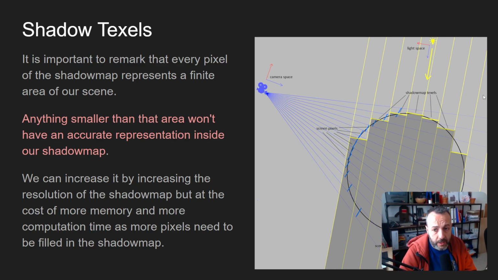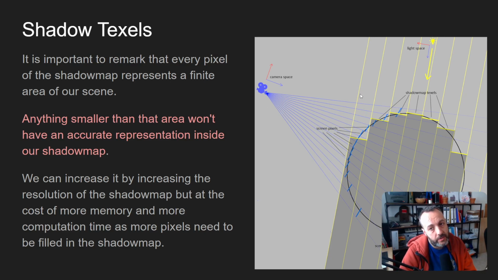And that has an effect because every texel, you can see this yellow area as the shadow map that we render, will at the end represent an area of our 3D world, okay? And because it's an area of our 3D world, you can see here that every pixel of that texture has a width on the wall.